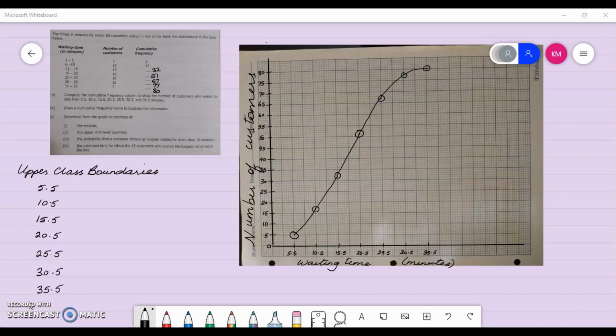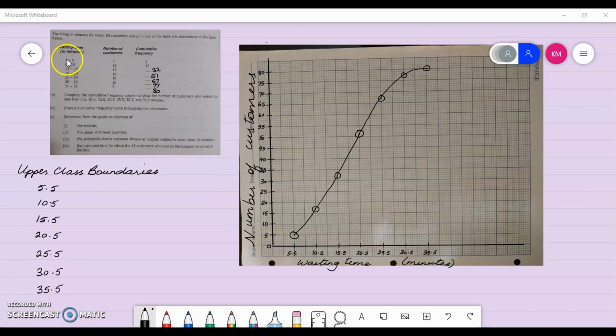Now when you are finished connecting your points, you must always connect that first point there with your x-axis. Now there's a way in which I can look for that value that is going to lie on my x-axis. So I'm going to look at my first interval here.